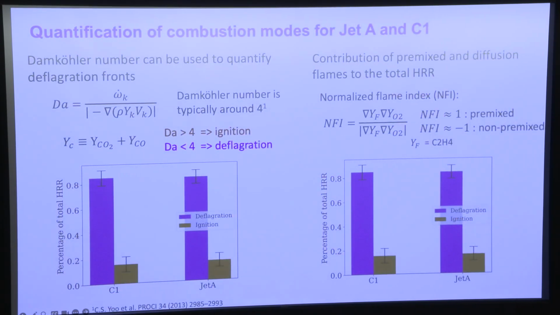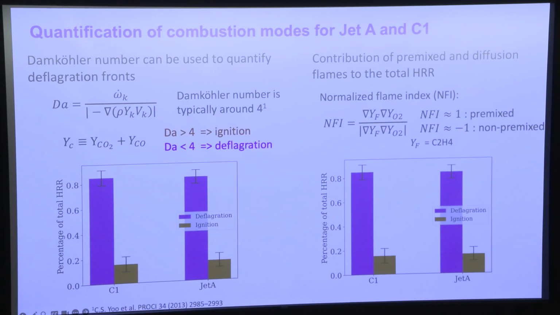If we aggregate the statistics, I should say we define the progress variable here based on several definitions. One, based on the CO2 plus CO. We've also defined it before based on CO2 plus CO plus water plus H2. And again, Da slightly above 3 or 4, here 4, denotes ignition, less than that is deflagration.